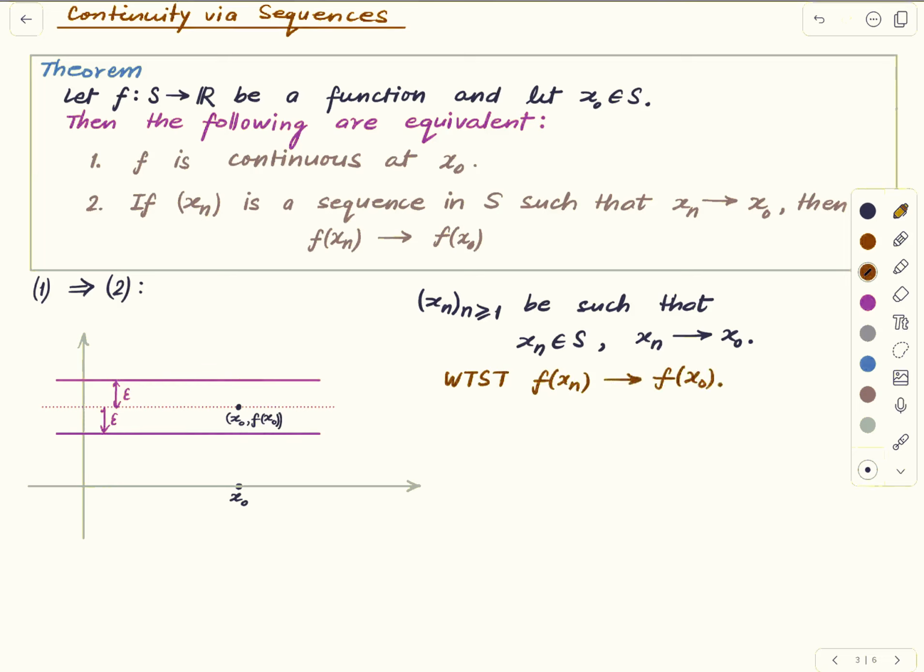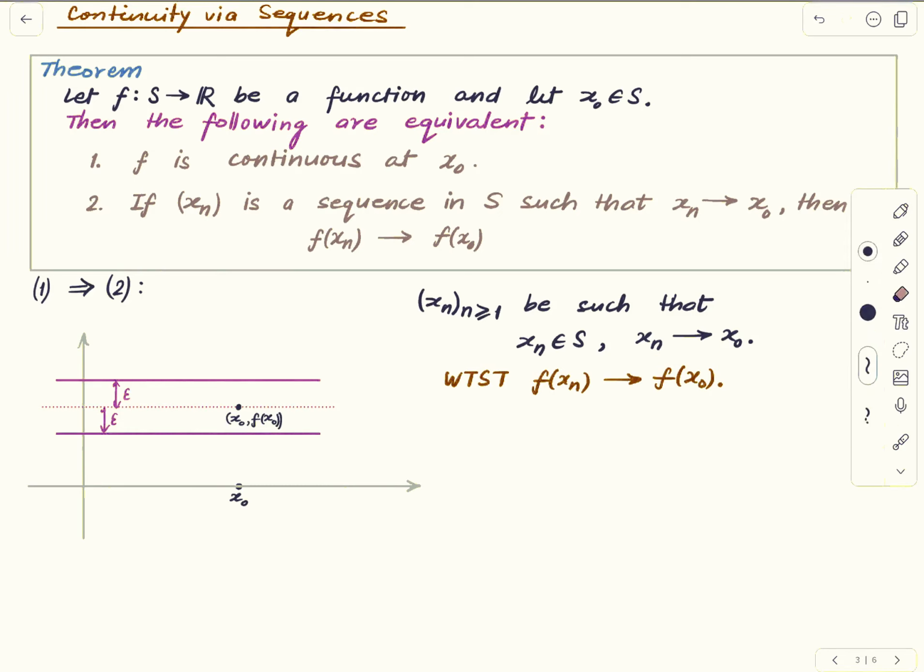Let's see why rather than write things. xn converges to x0, and therefore whenever we have a delta neighborhood here, ultimately xn will reside in the delta neighborhood of x0. So we know that. But to prove this, what do we need to do? We fix some epsilon.